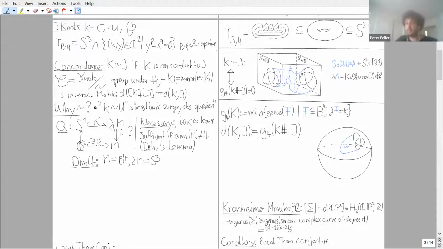It's S3. And now what's the point? What does it mean for an embedding of the circle in S3 to bound a disk? That's exactly sliceness. So the answer to this most basic surgery obstruction question is yes if and only if K is slice. Or put in a different way, K is concordant with the unknot.